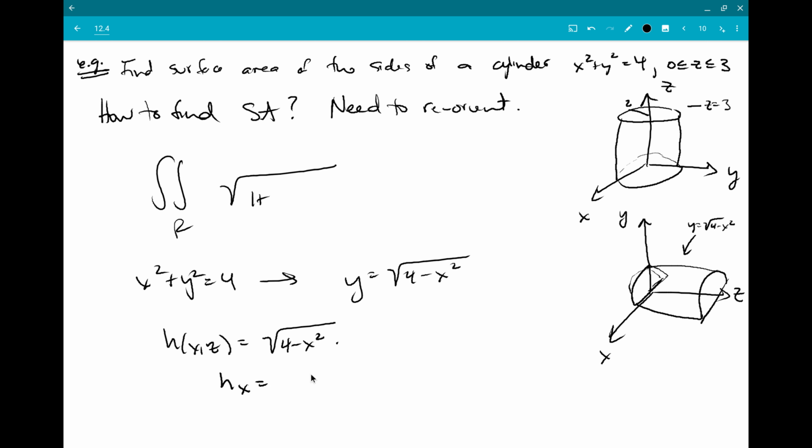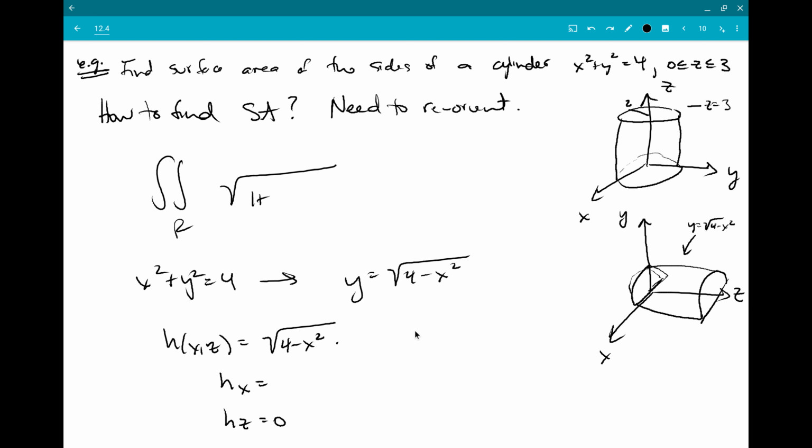So my h sub x is harder than my h sub z, which is 0. So there's no actual z in this equation. No matter how far I go along the z-axis, the shape of my cylinder doesn't change. It's just from positive to negative x, I get that semicircle shape.